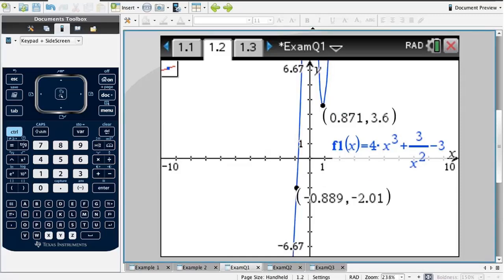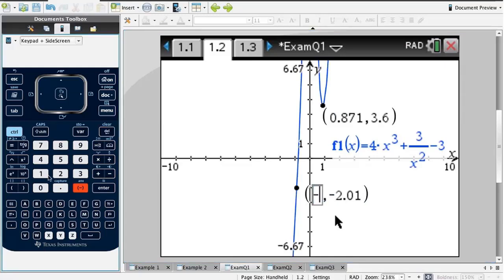I actually graph the point on the graph, and then I change the x coordinate. Okay, so I have to play with that a little bit. I'm going to change that to -1 and press enter. And now look at that. My minimum value is actually -4, not 3.6.